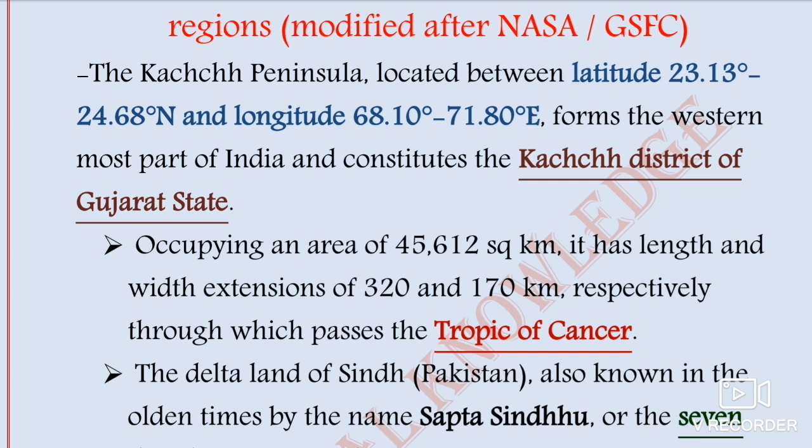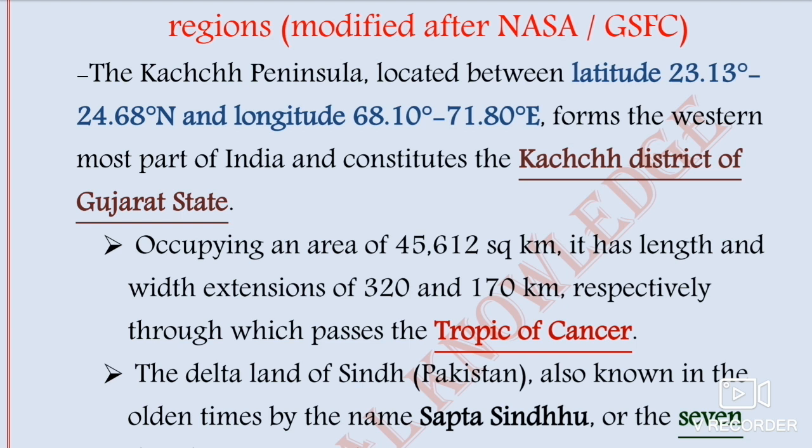The latitudinal and longitudinal locations are not important for our exam purpose. This forms the western part of India and constitutes the Kutch district. Okay, so the location is important, but the latitudinal and longitudinal variations are not important from the exam perspective.